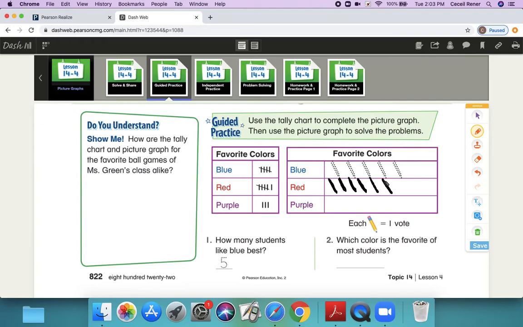Pencil 6. Then I'm going to go to purple, and I have 3 pencils that I'm going to draw for 3 votes, because that's my symbol. So I'm going to draw 3 of them. 1, 2, 3. So there we go.